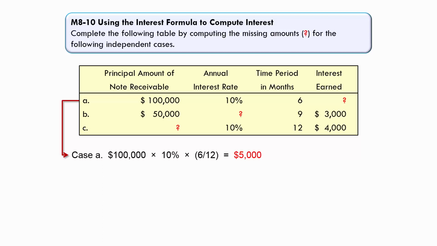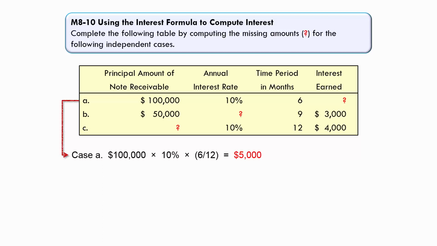So in case B, you're going to multiply 50,000 times some number times 9/12 and end up with 3,000. So sometimes it's easier to write it out as an algebraic equation and then solve for, in this case, the question mark.